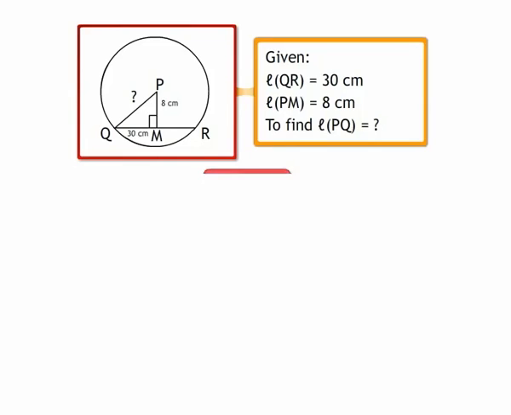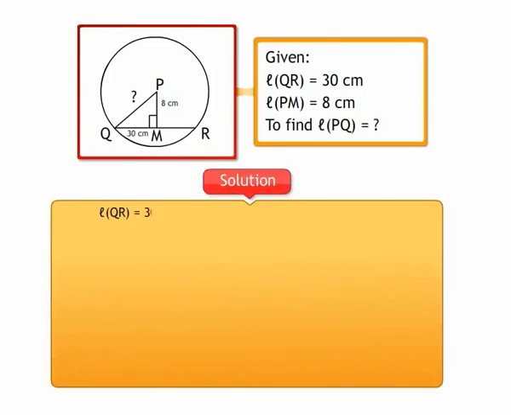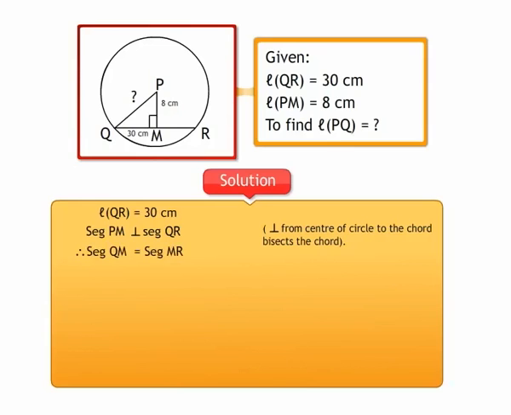Solution. Using the property that a perpendicular drawn from the center of a circle to the chord bisects the chord, we get length of QM is equal to length of MR. But length of QR is equal to 30 centimeters.